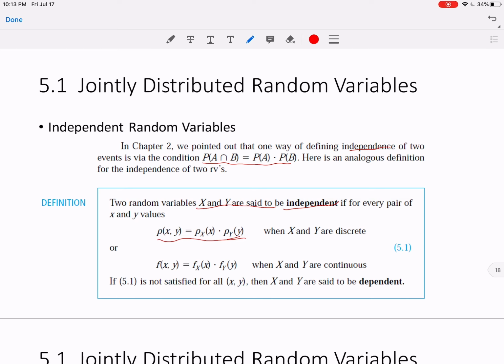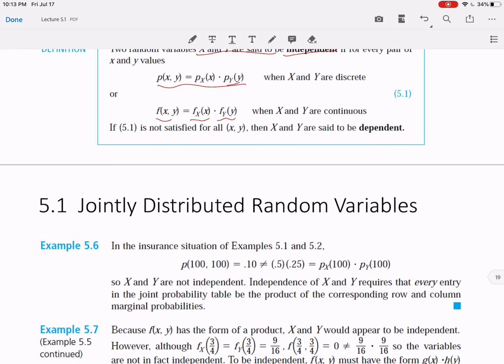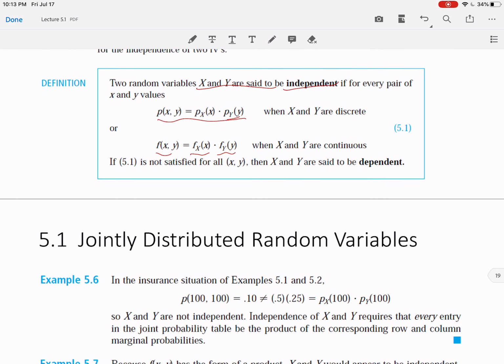If the two variables are continuous, of course, the joint PDF would be equal to the product of the marginal PDFs if they're independent. That's one way to identify whether they are independent or not. So always keep this idea in your mind: if two random variables are independent, then the joint PDF is equal to the product of the marginal PDFs.